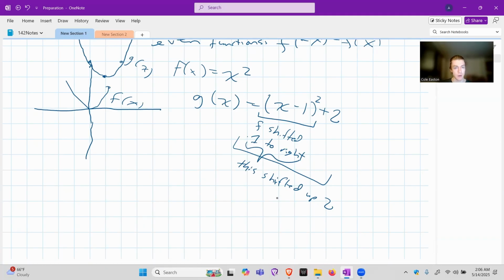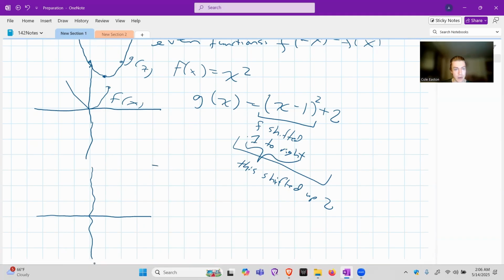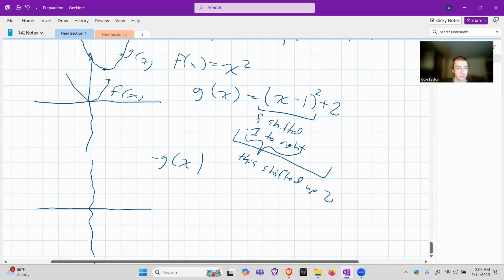And now let's apply some things to g. So let me draw a new axis here. And here let's graph negative g of x. That means we're taking g and reflecting it over the x-axis. So our new vertex is going to be right here, because here it was 1, 2, it's going to be 1, negative 2.